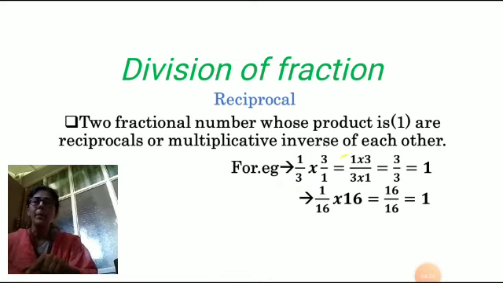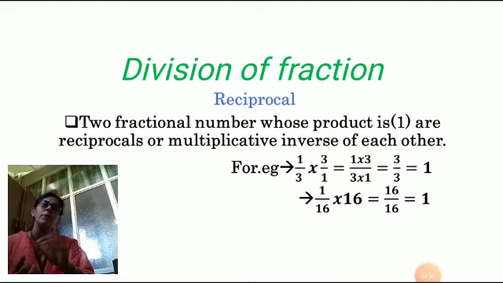Once again I am repeating, for 1 upon 3 the reciprocal is 3 upon 1, also known as the multiplicative inverse. By multiplying 1 by 3 and 3 by 1, we get 3 upon 3. If we cancel both 3s, as 3 ones are 3, our answer will be 1, right?